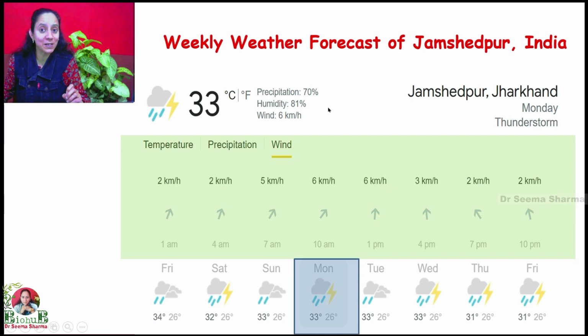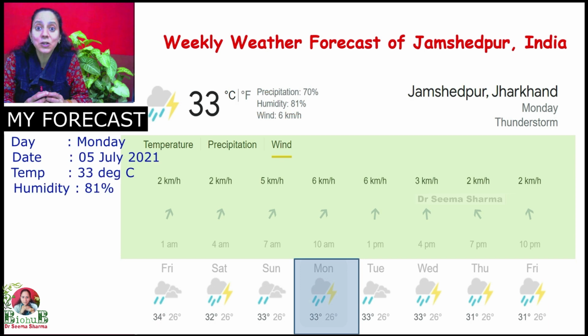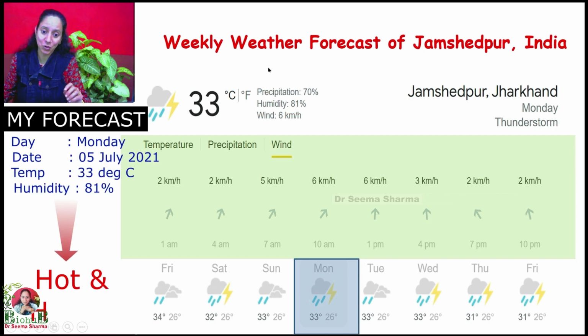Humidity is 81%. Monday, that is 5th July 2021, in Jamshedpur is going to be very hot and humid. This is how reading of a weather report is done, and by reading we can also confidently go for weather forecast.